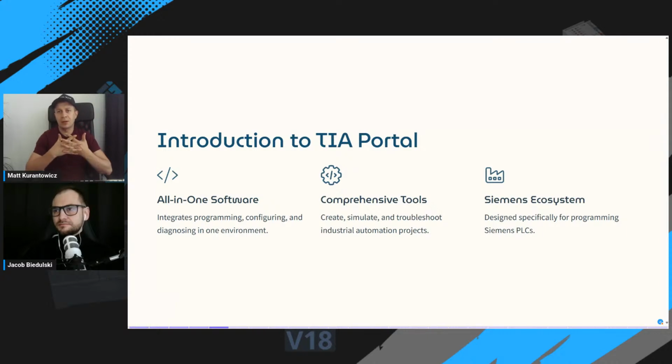TIA Portal is software for Siemens CPUs, Siemens PLCs, and you can use it to create programs in graphical languages and text-based languages. This is all-in-one software. You can create a program structure inside and visualization for HMI as well.